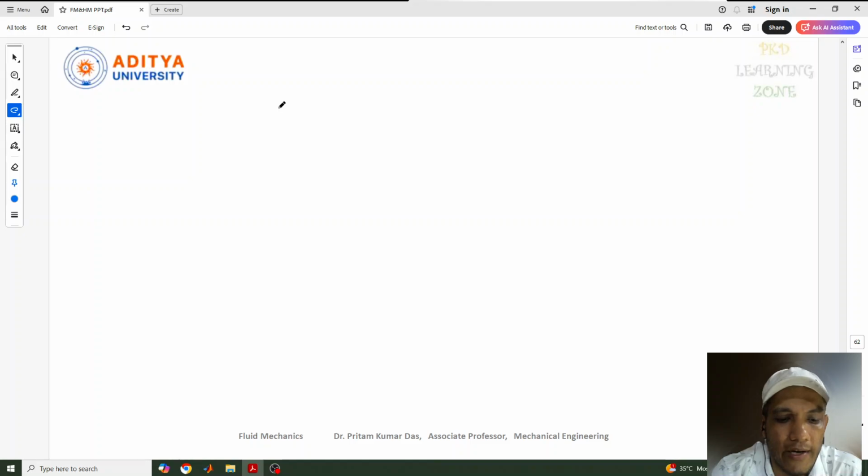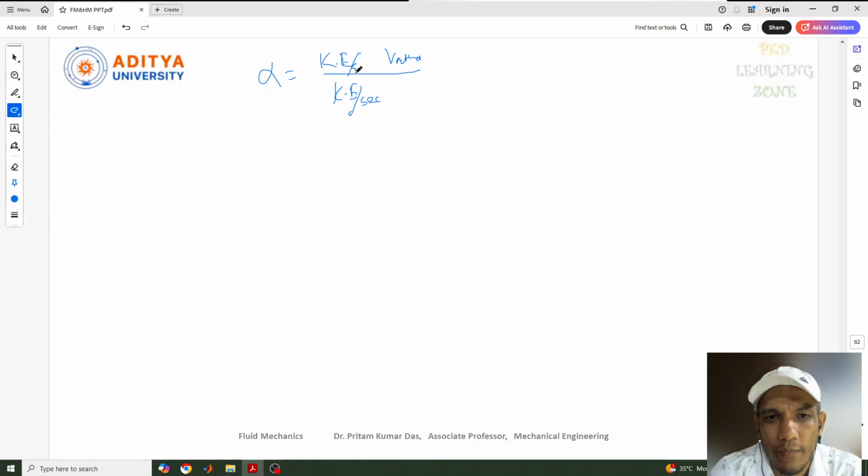Now what we need to find out as per the formula is alpha. So alpha is nothing but the actual kinetic energy per second with the average velocity, and we need to find out the kinetic energy per second with average velocity. These two values we already have.